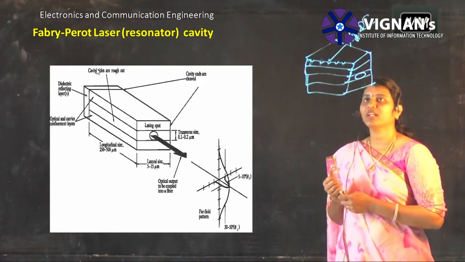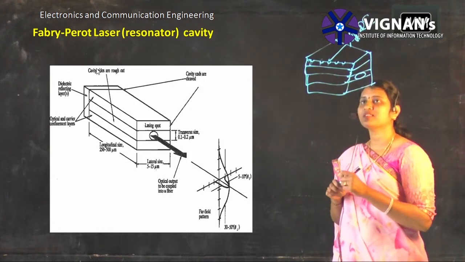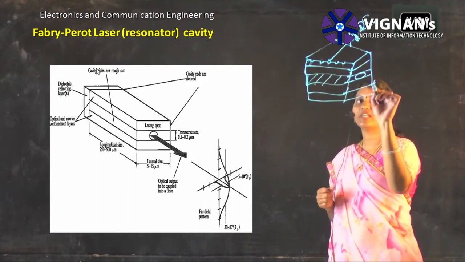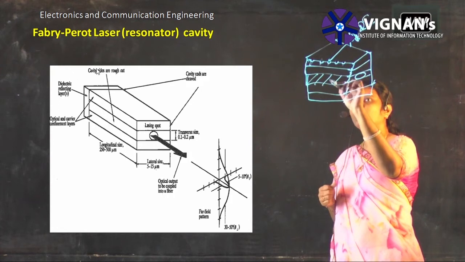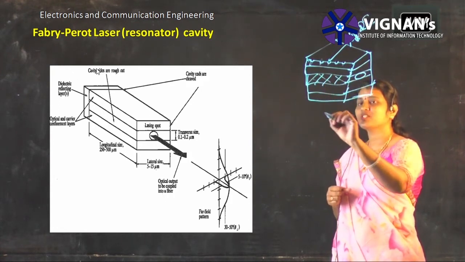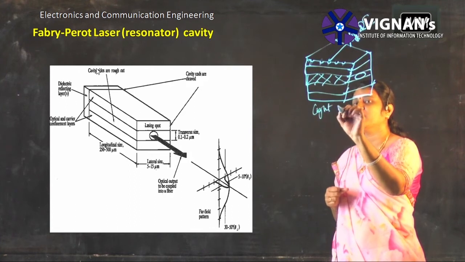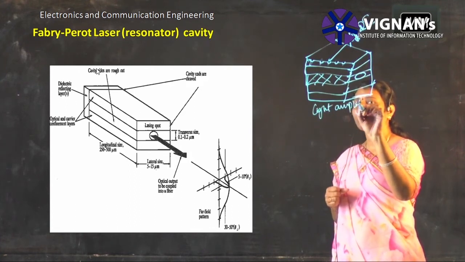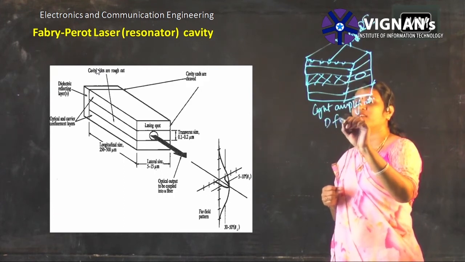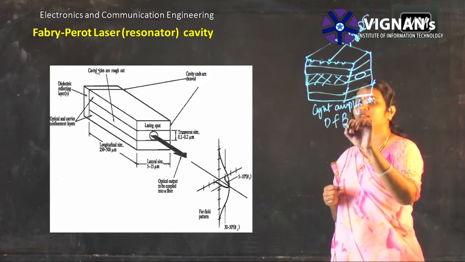It shows the material is having varying refractive indexes at this particular point. Due to these varying refractive indexes, the light that is generated at the active layer will have multiple reflections inside this striped geometrical structure. Due to these multiple reflections, the light amplification is improved, and that's why it is called a distributed feedback laser.